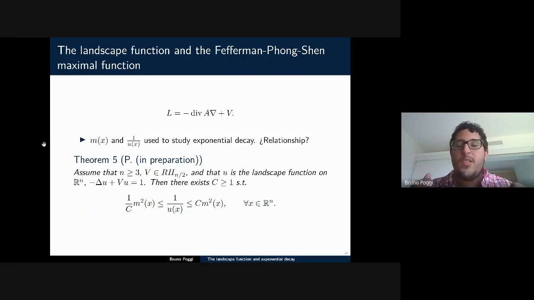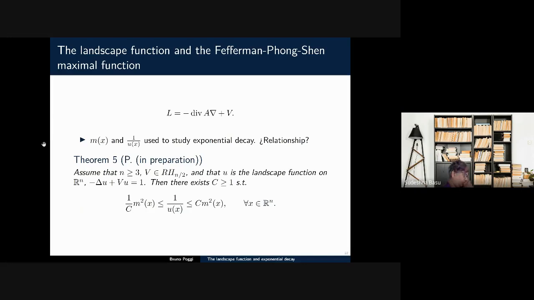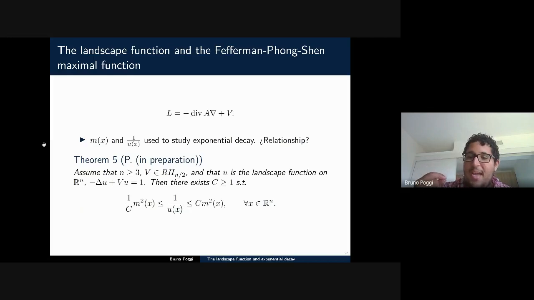For a while, this was an open question because we didn't know how to make them work together. But in my recent work, I saw that when the maximal function is well defined and has good properties, for instance in a reverse Holder class, then these functions are pointwise comparable. I show that 1 over U is like M squared, with an upper and lower bound with a uniform constant C.